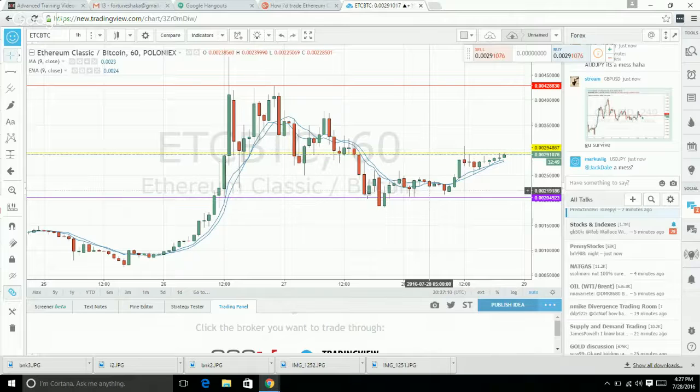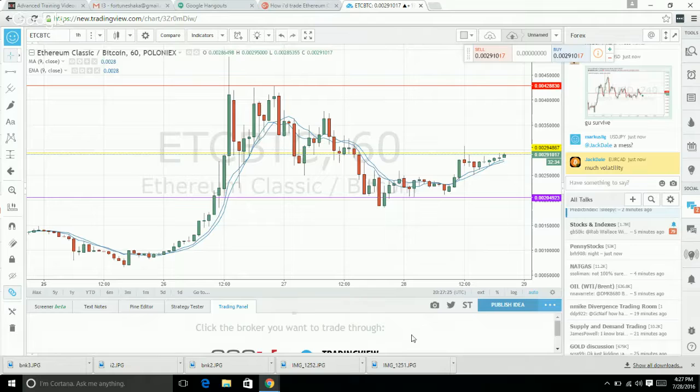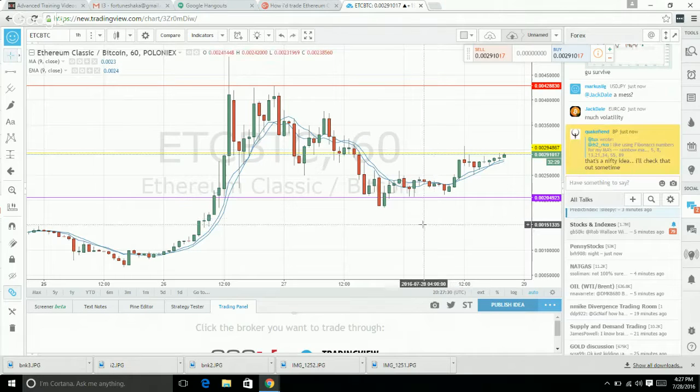I would add on a 7 and 14-hour moving average, but it's on right now, but I can't really take it for what it is because it's not enough information for me.